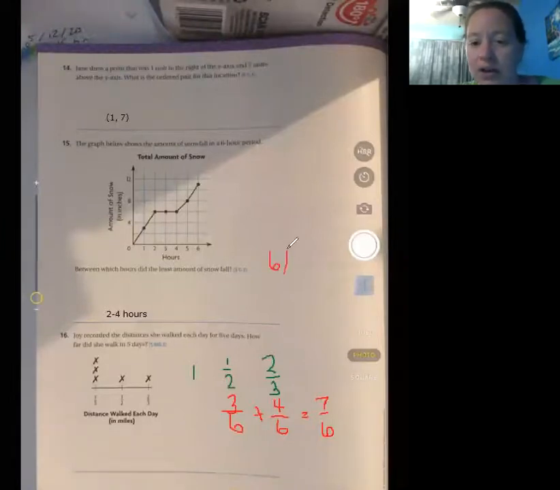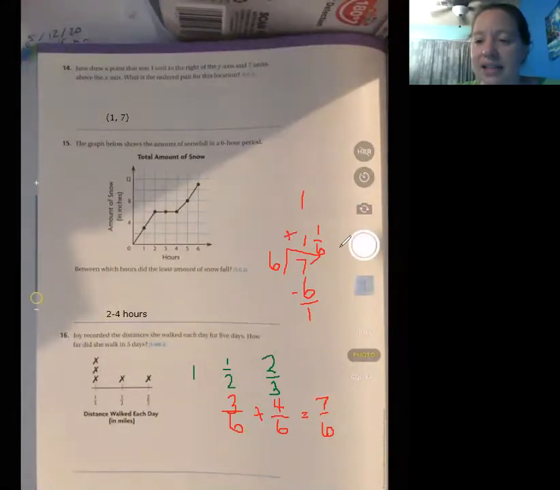So 6 goes into 7 how many times? Once, because 1 times 6 is 6. 7 minus 6 is 1. So we're left with 1 and 1/6 plus that 1 that we started with.